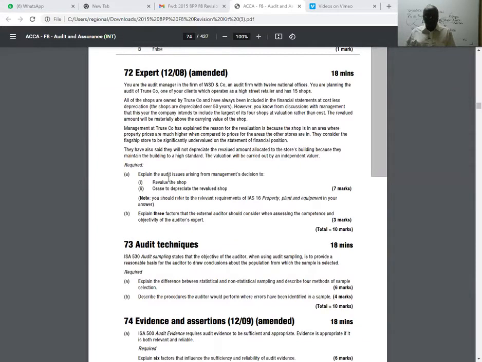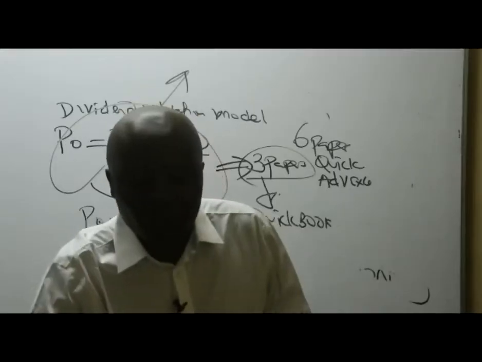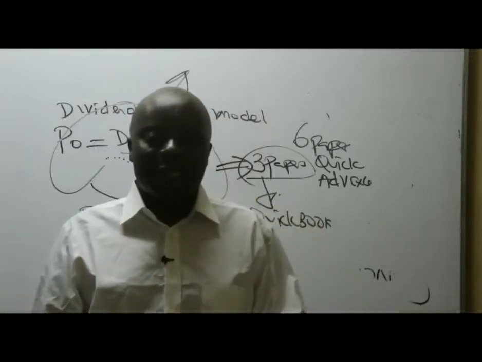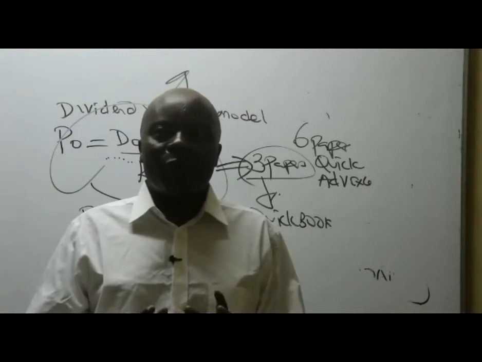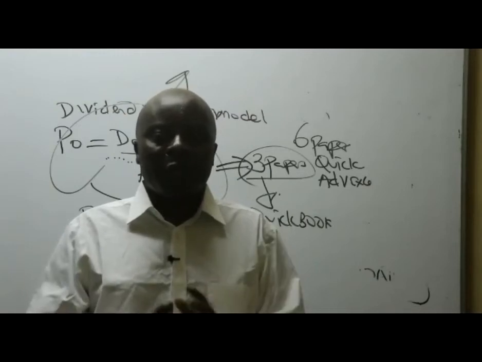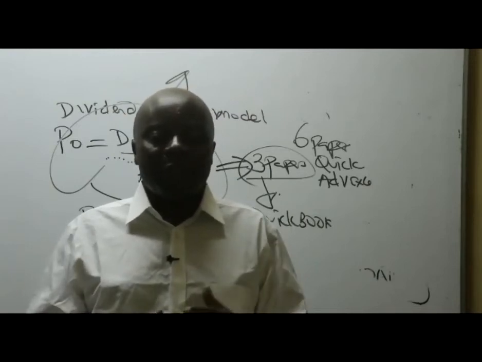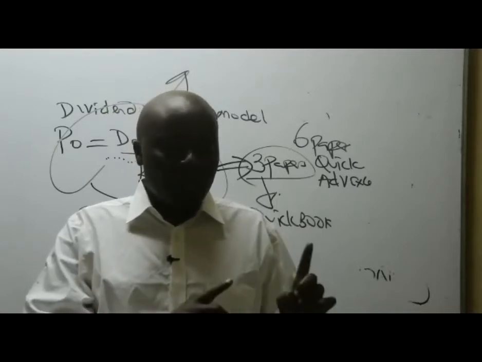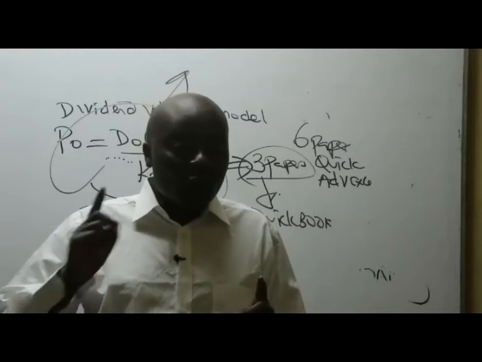You can revalue. But if you recall, ladies and gentlemen, we are told always that when it comes to revaluing assets, if, for example, these guys have over 10 shops, when you are revaluing one shop, you must consider the others.